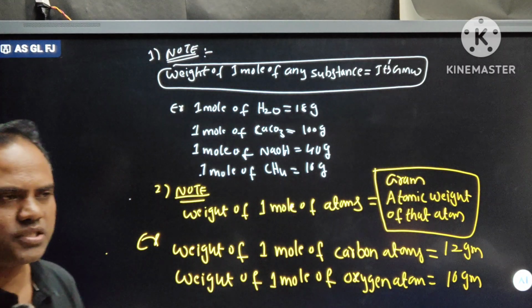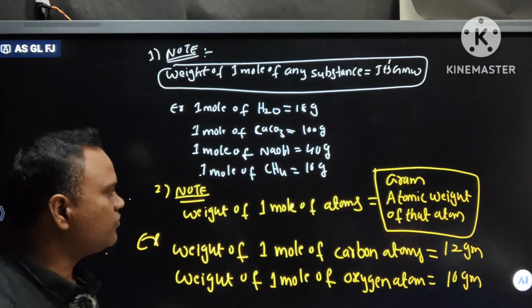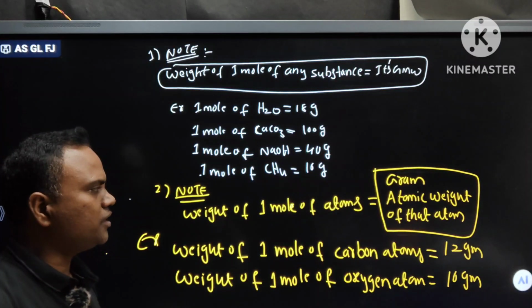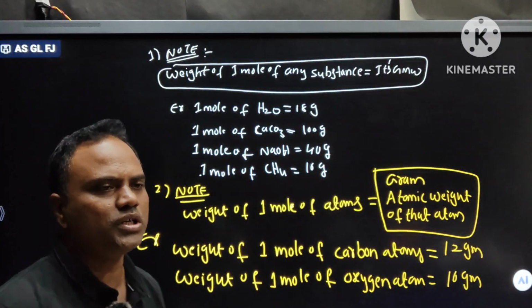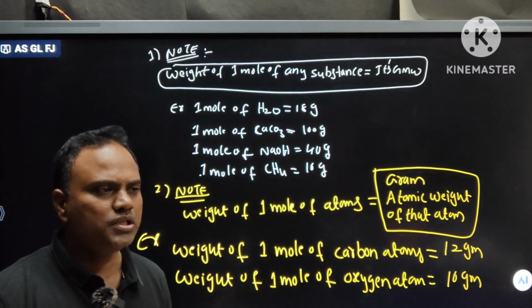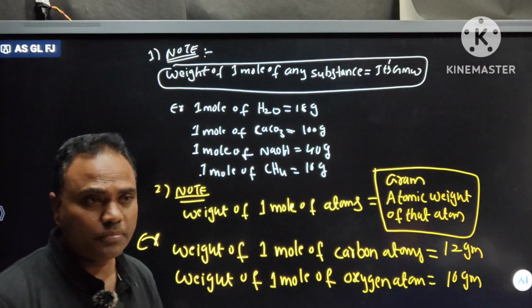First learn that weights table, then revise all this. Weight of 1 mole of atoms is nothing but the gram atomic weight of the atom. If I give you 1 mole of chlorine atoms, then what is its weight? Guess. In a cylinder, I am giving you 1 mole of chlorine atoms, 35.5 grams.